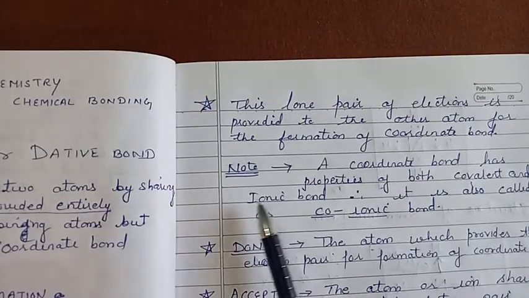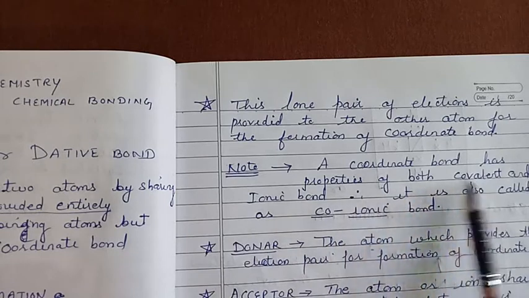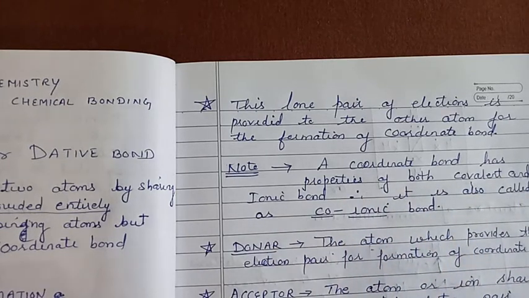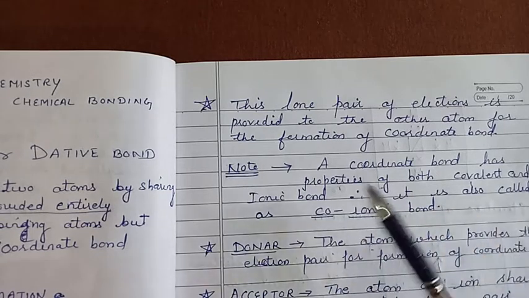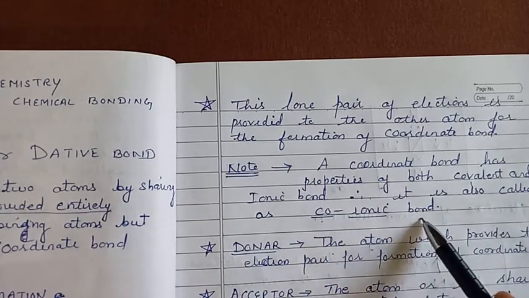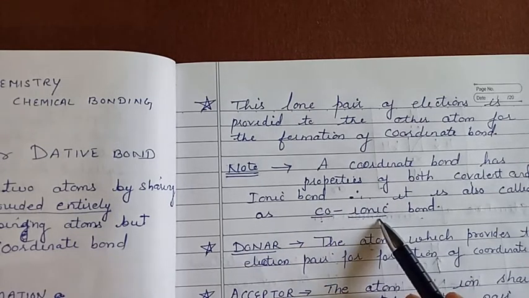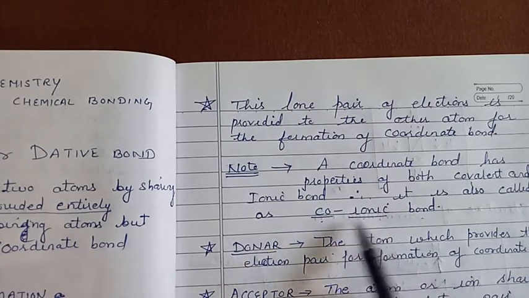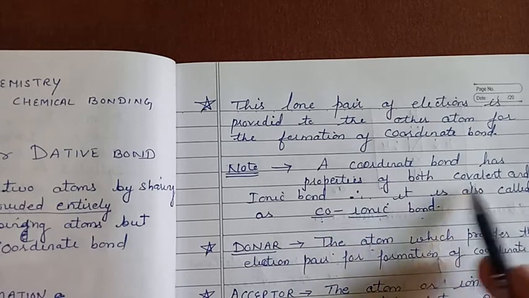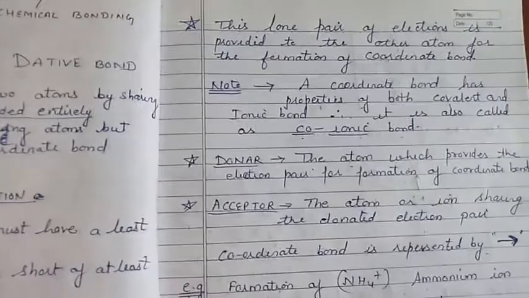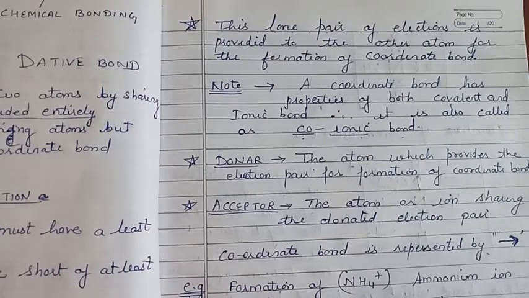and before that just note down, a coordinate bond has properties of both covalent and ionic bond, and it is called co-ionic bond. That is covalent, ionic. That is why it has the properties of both covalent and ionic. So in a coordinate bond there is one donor. What is a donor?